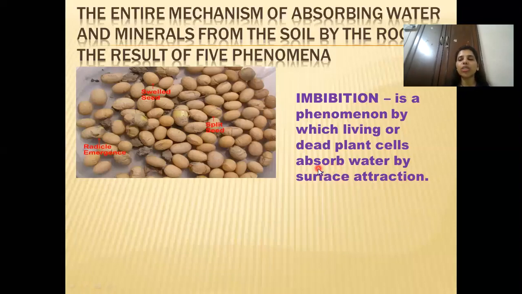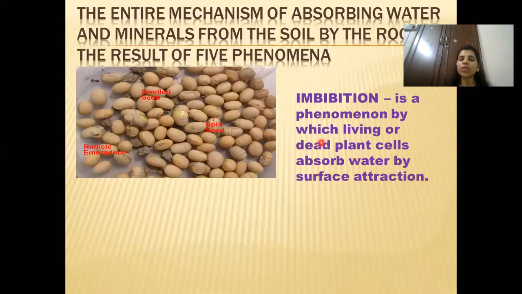But if you're using the word adsorbing, it is because you're not using the words surface attraction. So adsorbing water means on the surface the water gets adhered. That particular phenomenon can happen with the living plant cell or the dead plant cell. As I have told you, furniture, these are the dead plant cells.